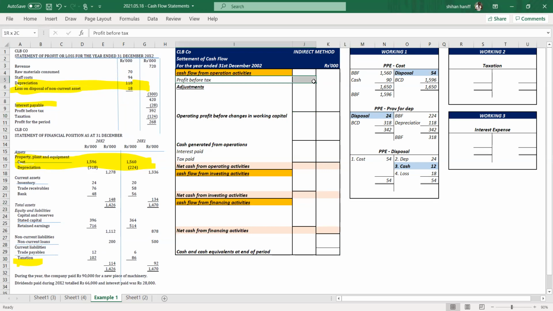First, can we write the profit before tax? Profit before tax is here, 392. Let's write that. Profit before tax is 392.